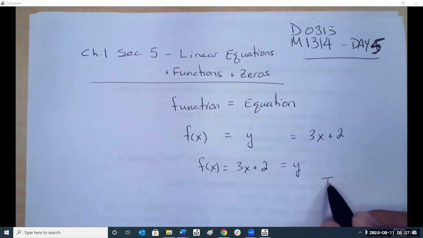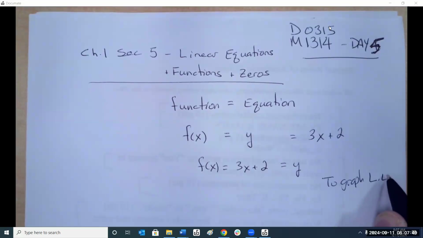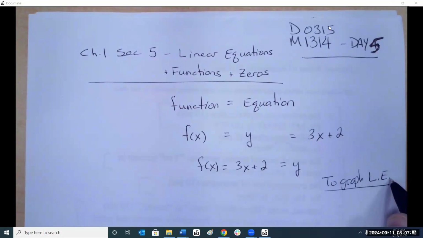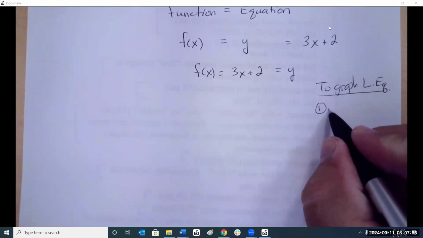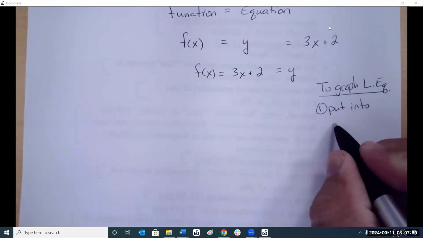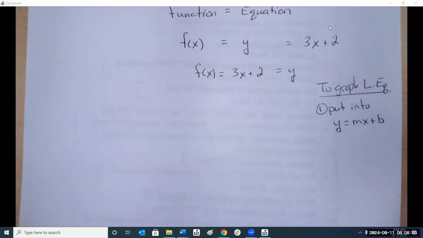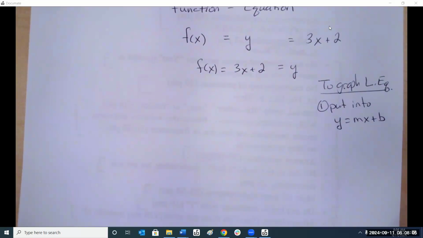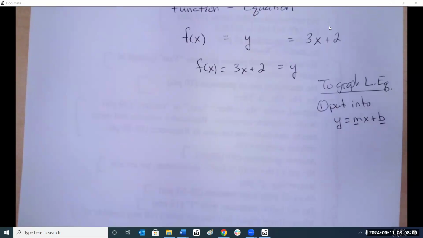So to graph linear equations, put into y equals mx plus b. What's the name of that form? Slope-intercept form, because we have a slope and we have the y-intercept.